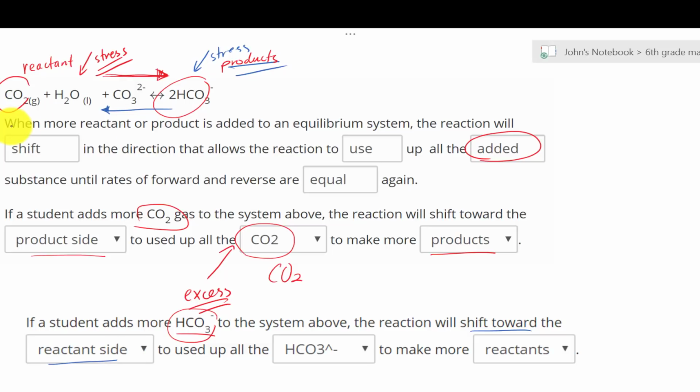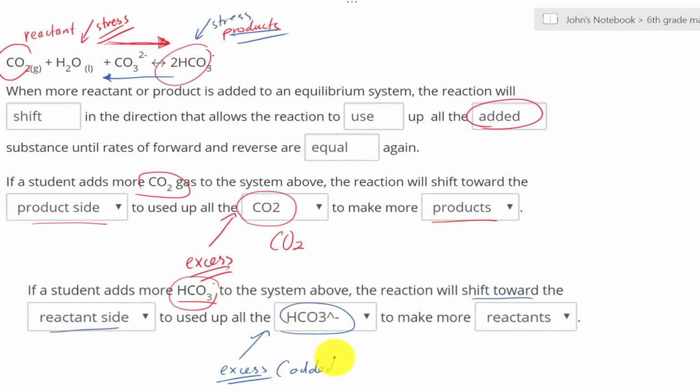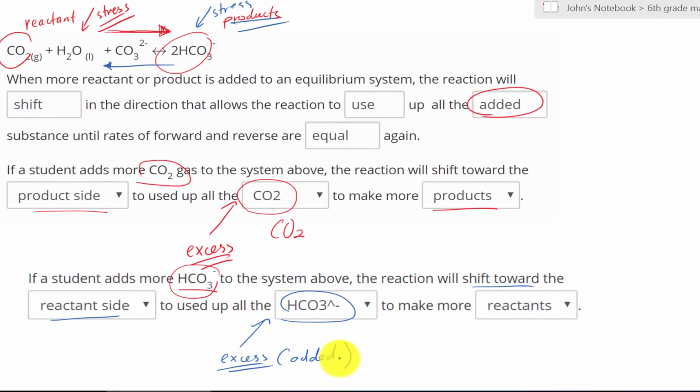And in the process, it's going to use up the HCO3. Well, this is our excess. Remember, we added it in, right? Until the rate of forward and the rate of reverse is the same again. And equilibrium is re-established again.